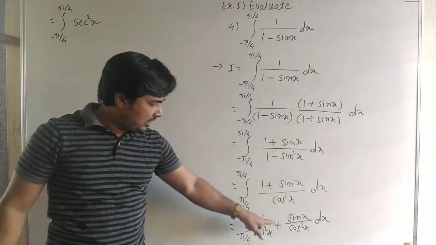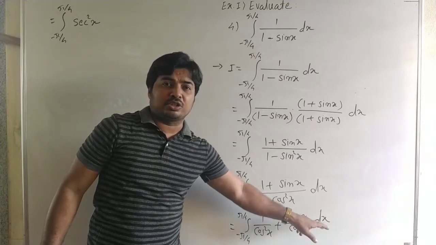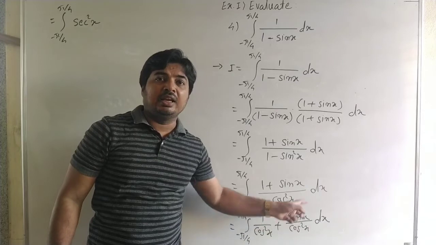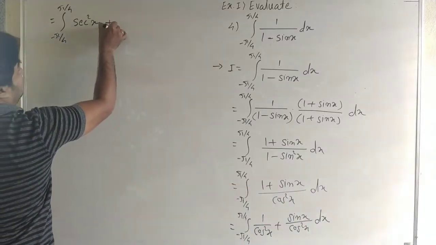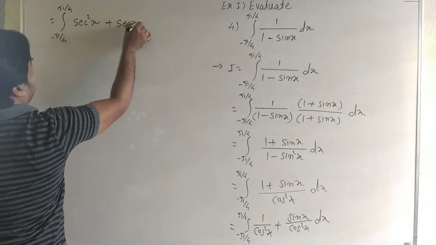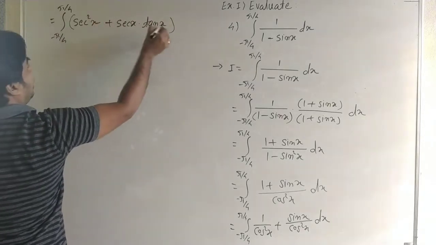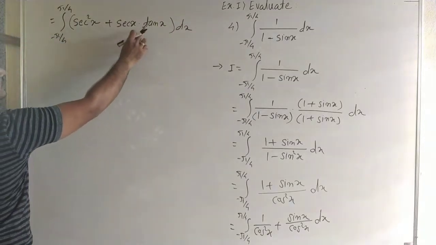See carefully, cos square x means cos x into cos x, that means sin x upon cos x is tan, and into 1 by cos x is sec x. Therefore it is sec x into tan x, and now both are standard integrals: sec square x and sec x into tan x.